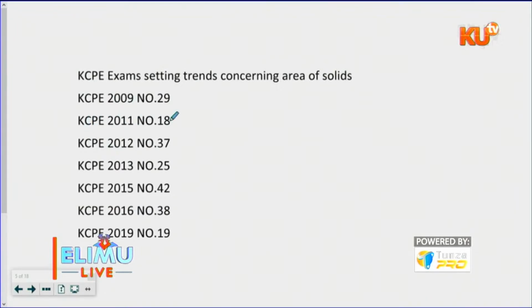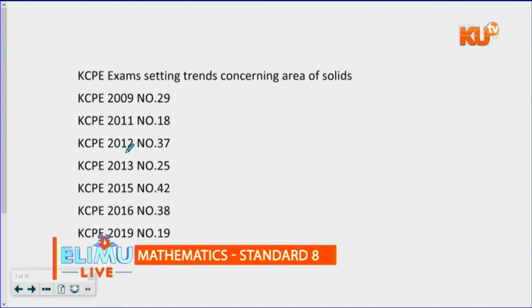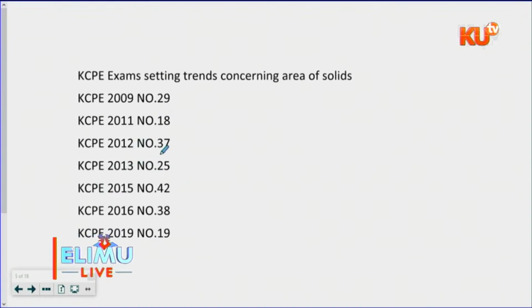In 2011 we had number 18. In 2012 we have number 37, that is surface area. In 2013 we have number 25. Then in 2015 we had number 42, surface area of solids.